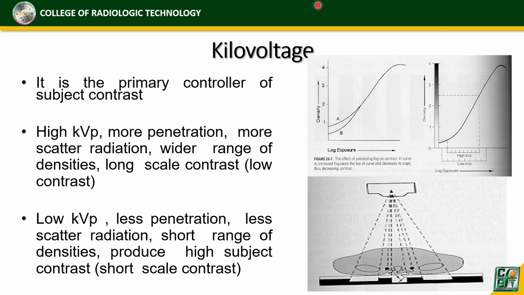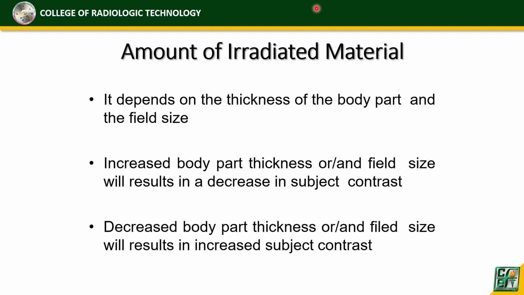So, in continuation, amount of irradiated material. Ayan na yung papasok yung thickness ng body part to be examined and the field size. Okay? Not only the thickness but field size. Paano natin malalaman yung field size? It is by the use of the collimator. Okay? So, ano ibig sabihin? Increased body part thickness or increased field size will result in the decrease in subject contrast.